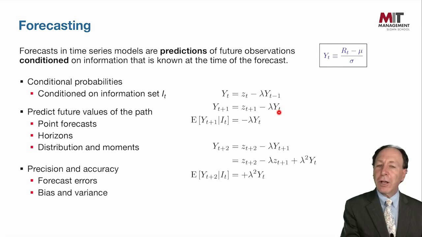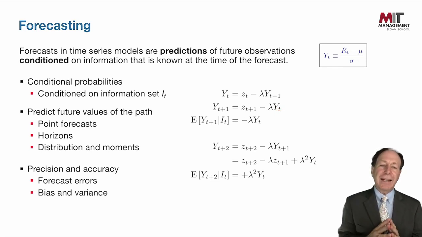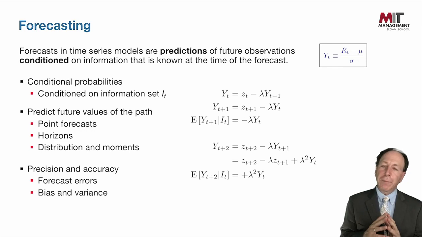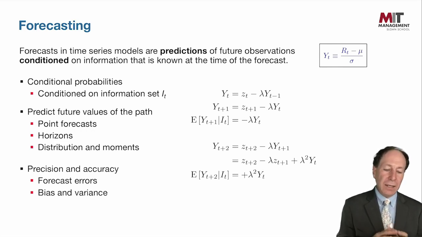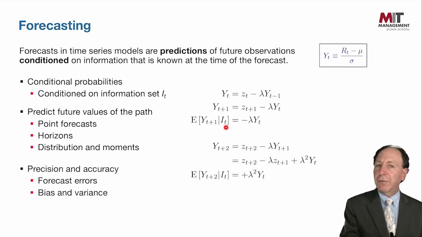Now, suppose we were to compute the conditional expectation based on the information set available at time t, which I'm going to denote just I sub t for the information set. In this case, it only consists of the past realizations of y because those are the only variables in our problem, but it might consist of a bunch of auxiliary, financial, or other econometric variables.